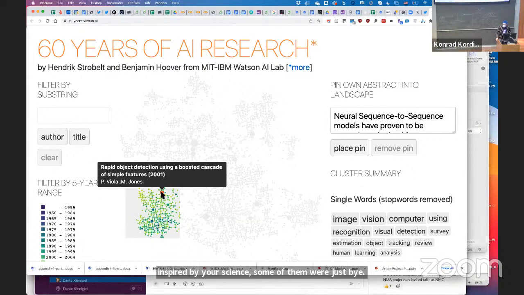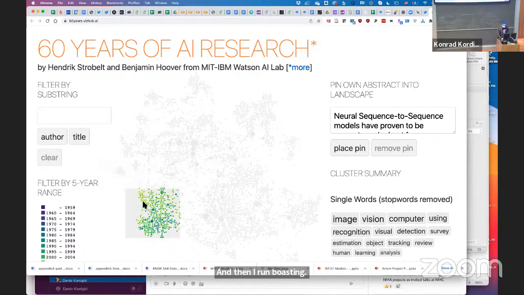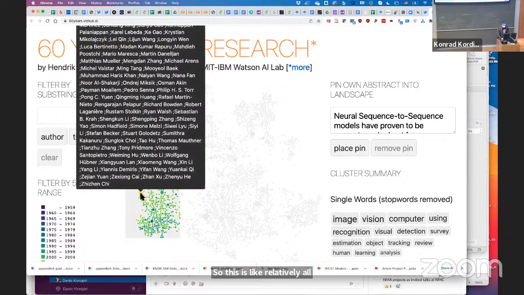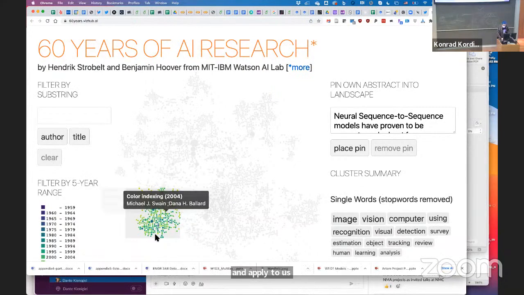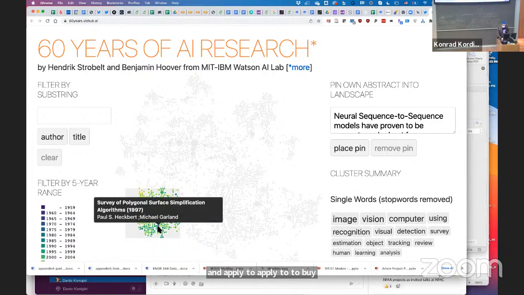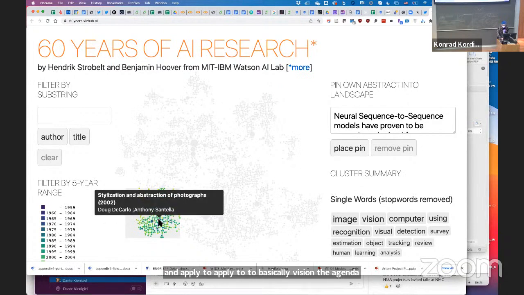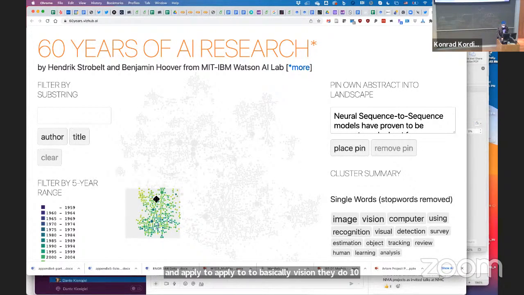Here, boosted cascade of simple features. It just says I take a cascade and then I run boosting. So this is relatively old school machine learning applied to basically vision data. Jitendra Malik here is a big person in that area.